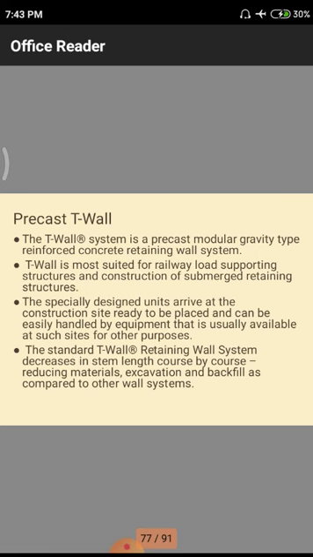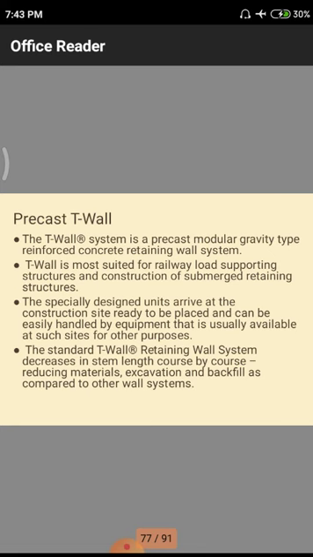This system is a precast modular gravity type reinforced wall or retaining wall system. It is mostly suitable for railway loading supporting structures and construction of submerged retaining structures. Normally, railway retaining structures are above ground level, but another advantage of these precast T walls is that they are also used for submerged retaining structures.